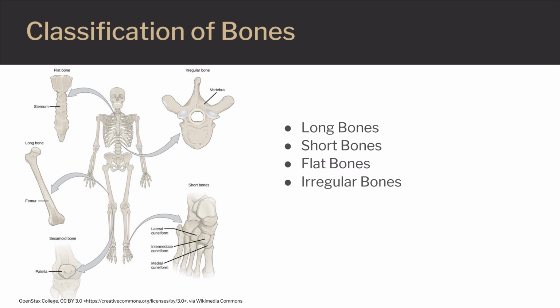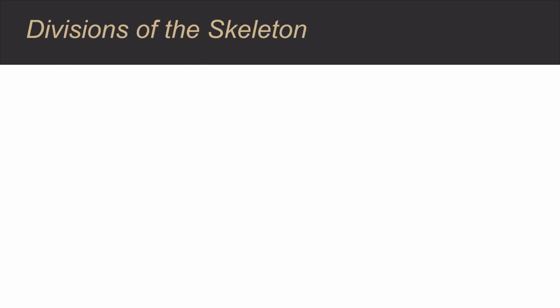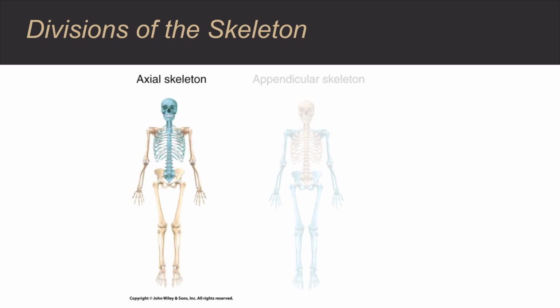There are holes, depressions, smooth facets, lines, projections, and other markings. These usually represent passageways for vessels and nerves, points of articulation with other bones, or points of attachment for tendons and ligaments.